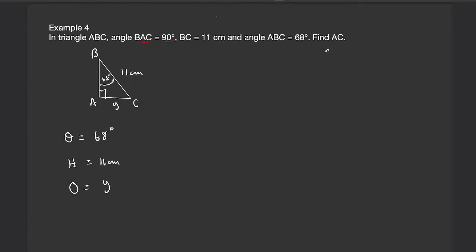Remember our acronym, SOHCAHTOA. We know our opposite, we know our hypotenuse, and of course we use sine to find our unknown. Sine of the angle is equal to the opposite over the hypotenuse.